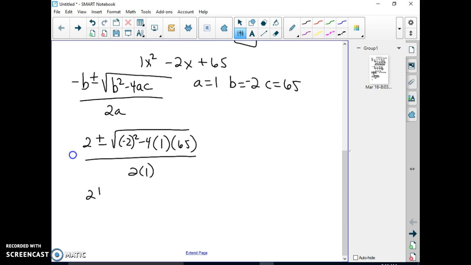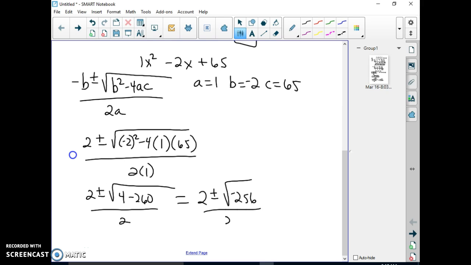So this becomes 2 plus or minus the square root of negative 2 squared, which is 4, minus 4 times 1 times 65. So 4 times 1 times 65 is 260, all over 2. So this becomes 2 plus or minus the square root of negative 256 all over 2.